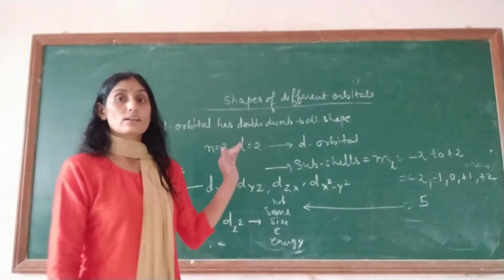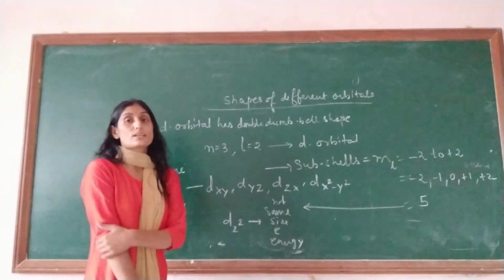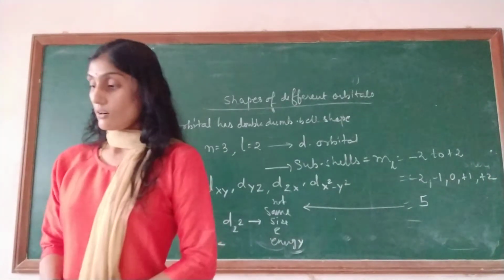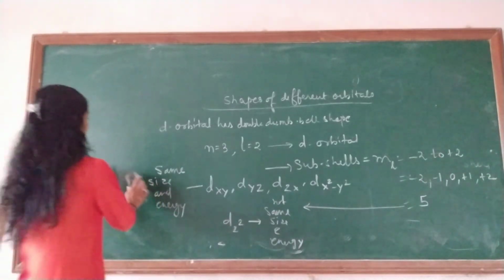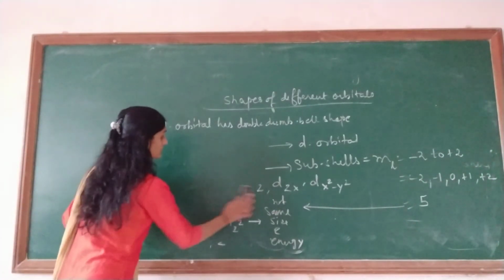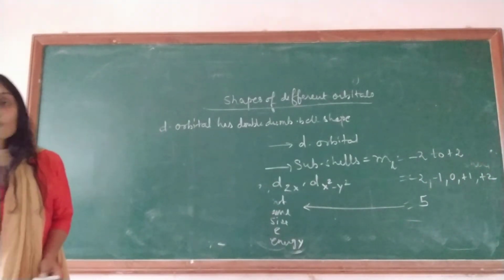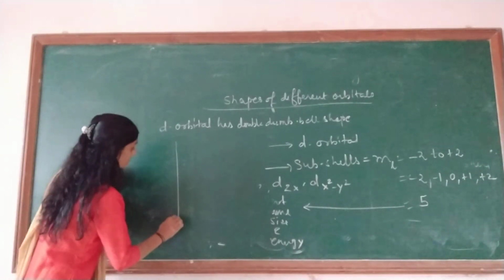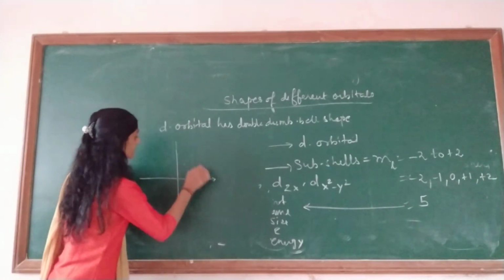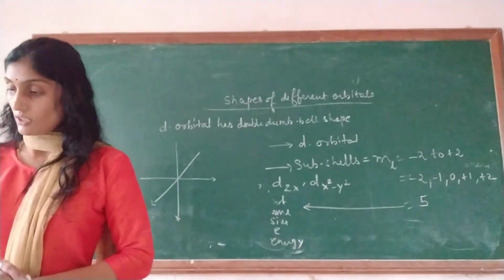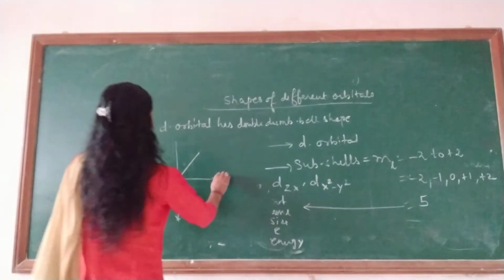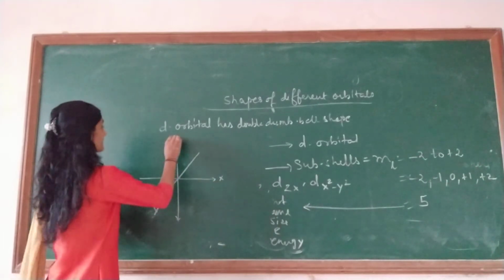So now we learn how to draw the shapes for that particular orbital, for dxy. When we talked about dxy, first we will draw the dxy orbital. So again we draw the three axes. Now that is x, that is y and that is z.